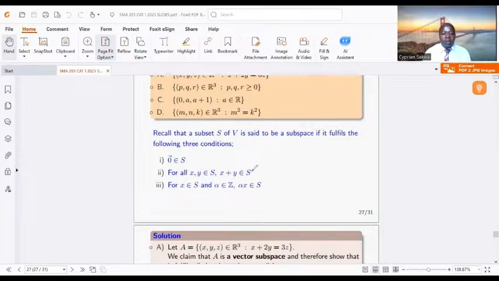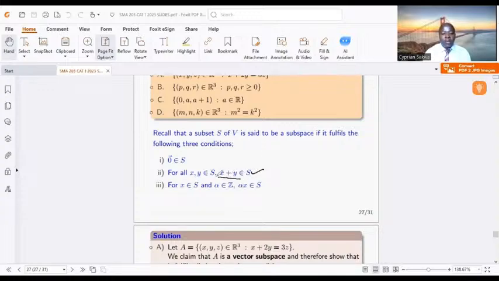The second condition is that it should satisfy additive closure. It should be closed under addition. That is, if you pick any 2 elements from this subset and add them, the result should be a member of this subset.